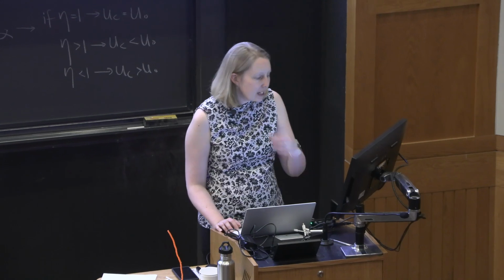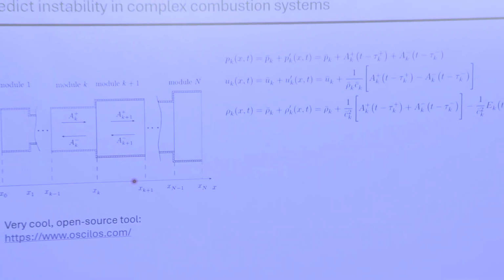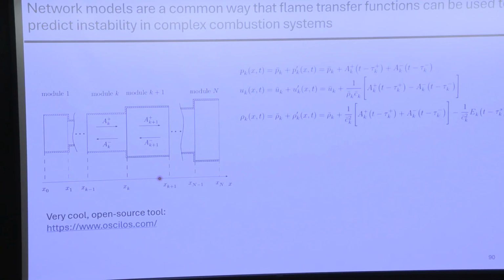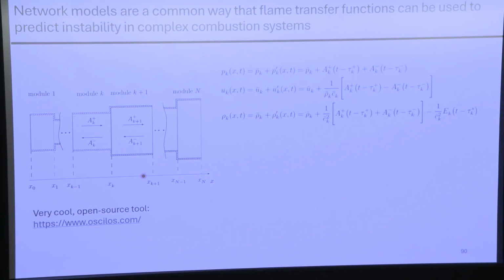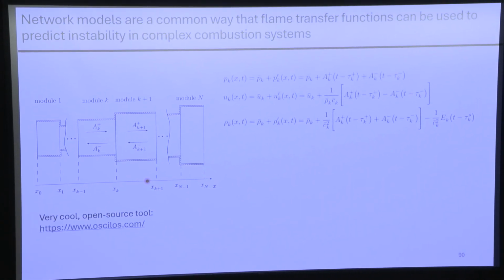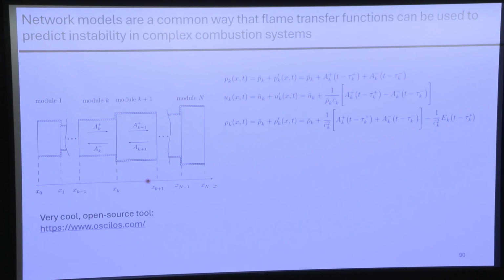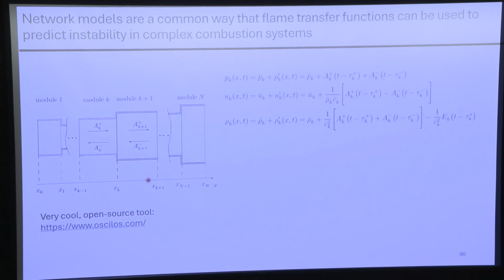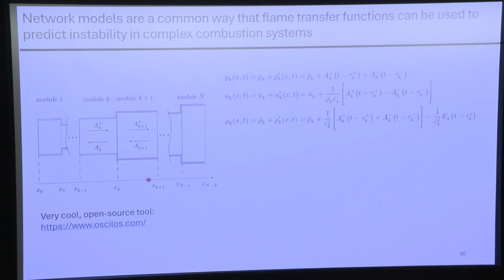So I want to show you an example using an open source tool that you can all play with if you'd like, of a very common way of using transfer functions, and these are called network models. So I'm taking all these images and these equations from an open source tool called Oscillations. This is just from their tool documentation.